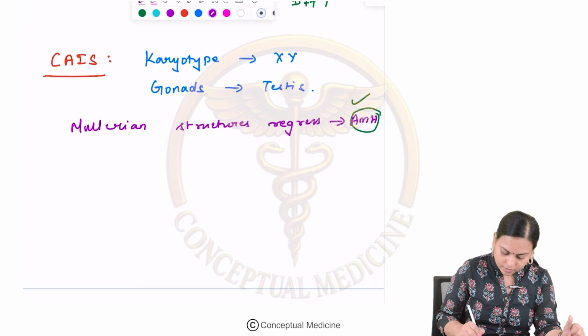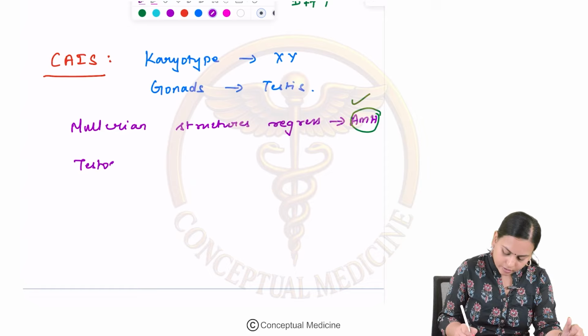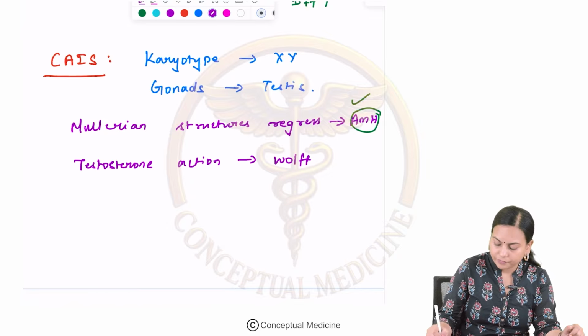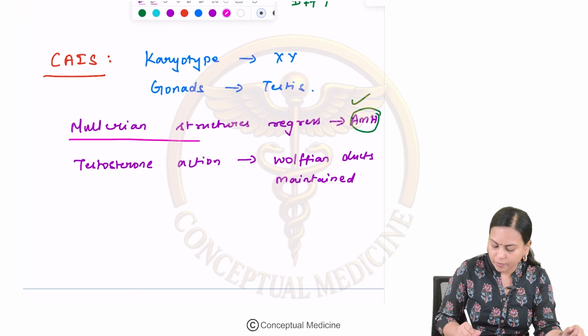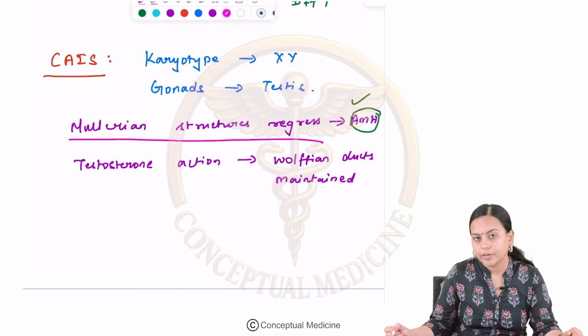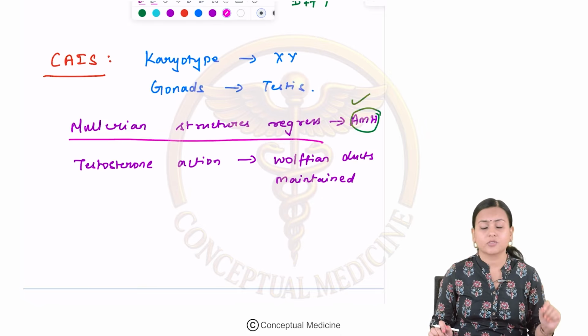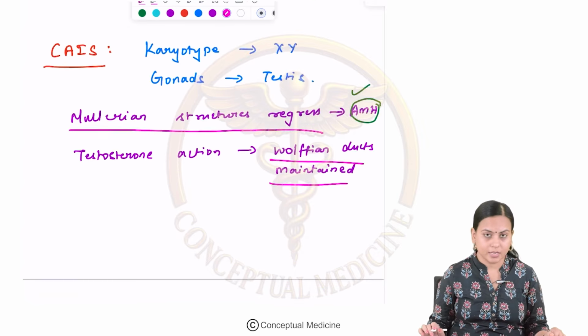And the next one is, if there is a minimal testosterone action, the Wolffian ducts will be maintained. So, what are the two important points we have learned here? Number one, Müllerian structures are going to regress under the action of anti-Müllerian hormone, but there can be a minimal testosterone action present in some people. In that case, Wolffian ducts will be maintained.